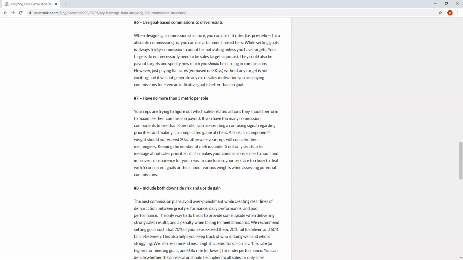Number six, use goal-based commissions to drive results. So what we want to suggest here is you could use either flat rates or attainment-based tiers, but commissions are not really motivating unless you have targets. So those targets could be sales quotas, they could be just payouts.